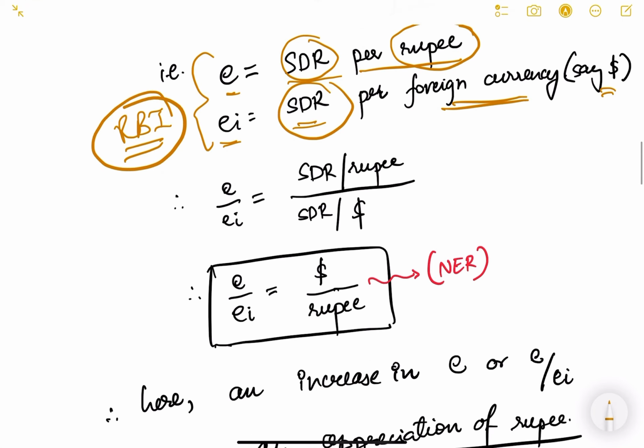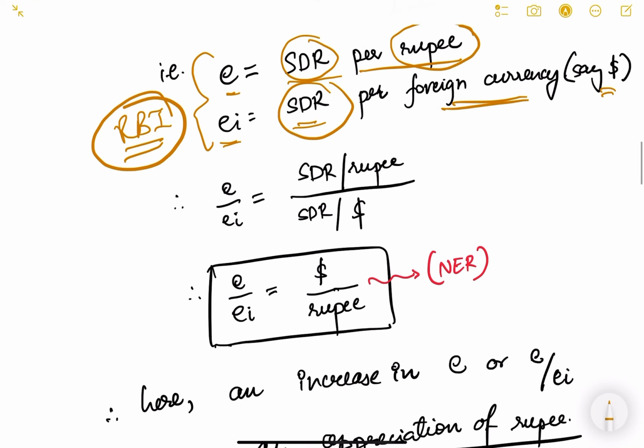Now if we do the simple mathematics, E divided by EI, which is our nominal exchange rate: E is SDR per rupee, divided by SDR per dollar. If we do some simple mathematics here, SDR gets cancelled.